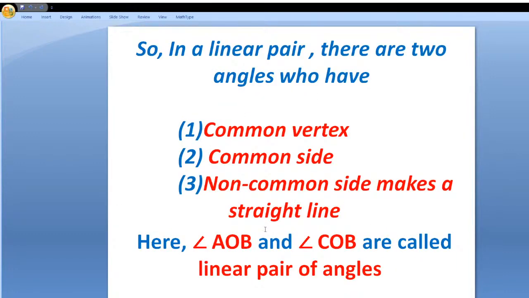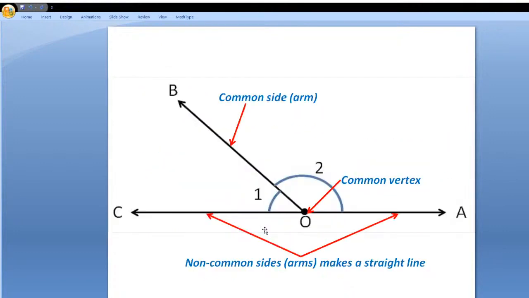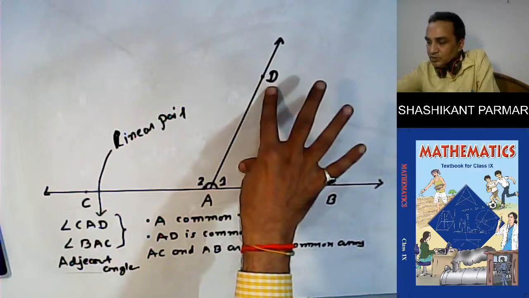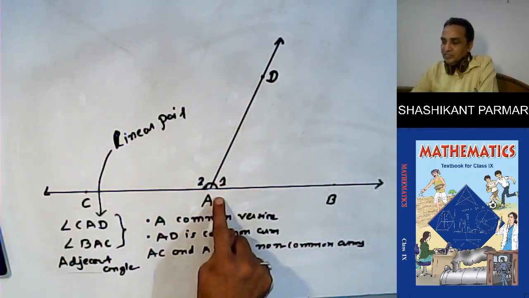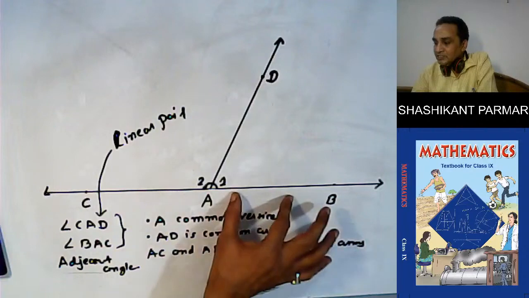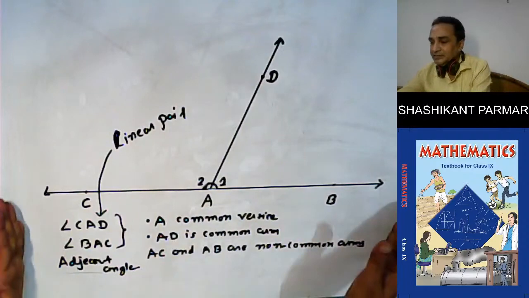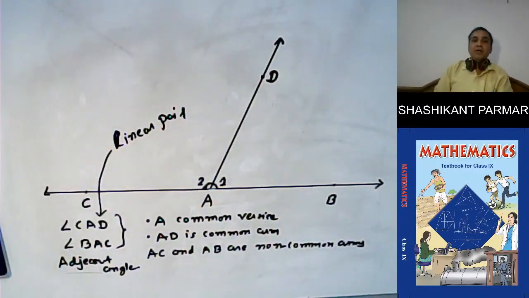So in a linear pair, there are two angles that have a common vertex and a common side, and the non-common sides make a straight line. Then it is called a linear pair of angles.